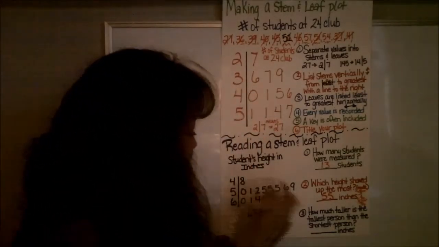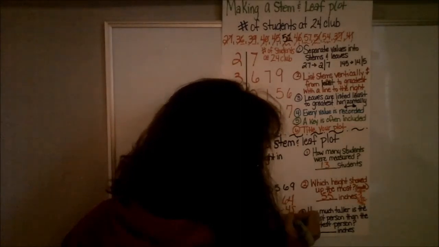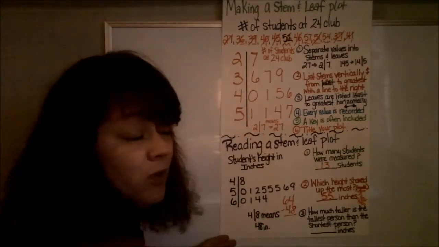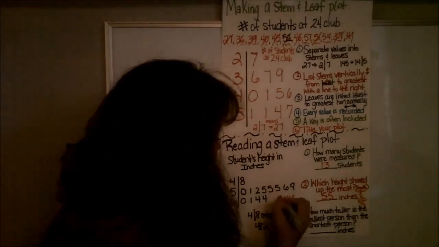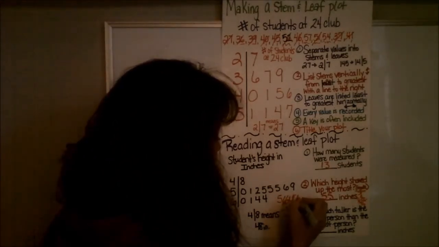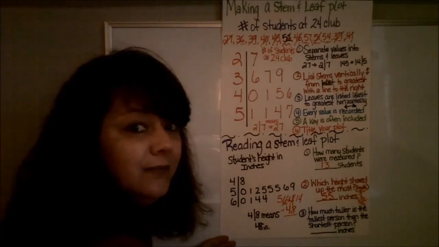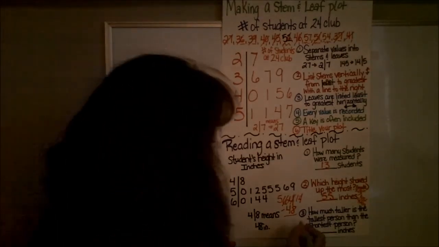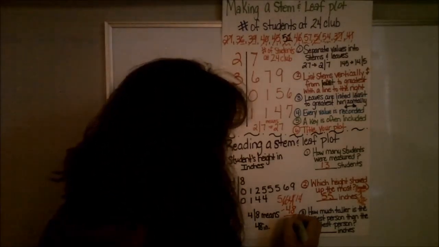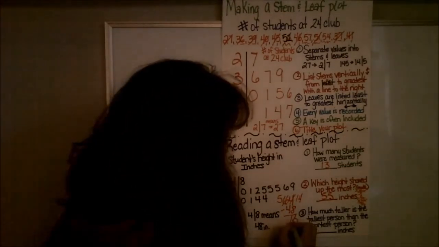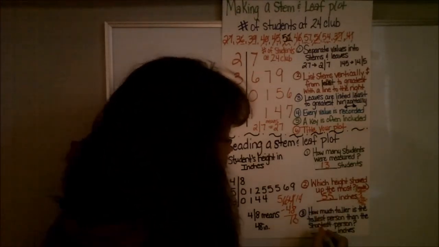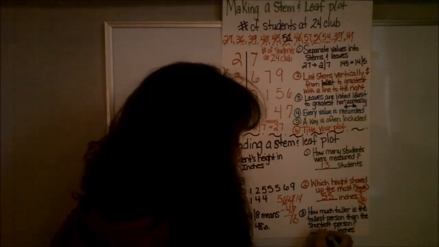I'm subtracting the least amount, 48, from the greatest amount, 64. Can 4 take away 8? Nope, sure can't. So I got to borrow, right? 14 minus 8 is 6. And 5 minus 4 is 1. So the difference between the tallest person and the shortest person is 16 inches.